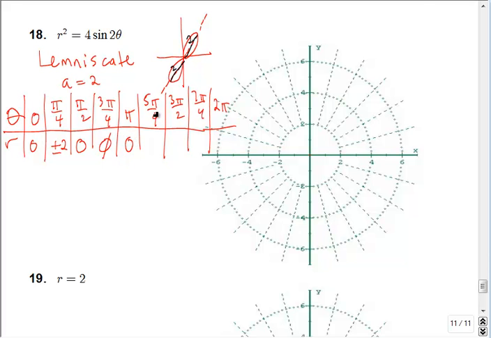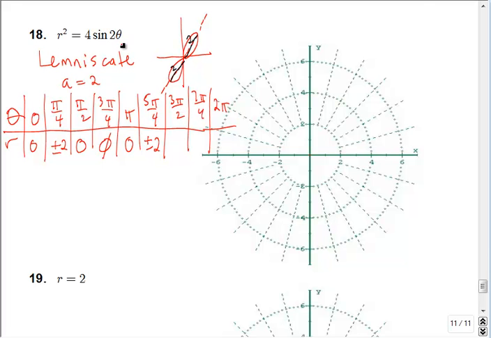If we plug in 5 pi over 4, 2 times that becomes 5 pi over 2, and 5 pi over 2 is the same as pi over 2. So the sine of that is going to be 1. 4 times 1 is 4, and r squared equals 4 at plus and minus 2. If we plug in 3 pi over 2 and multiply that by 2, that becomes 3 pi.